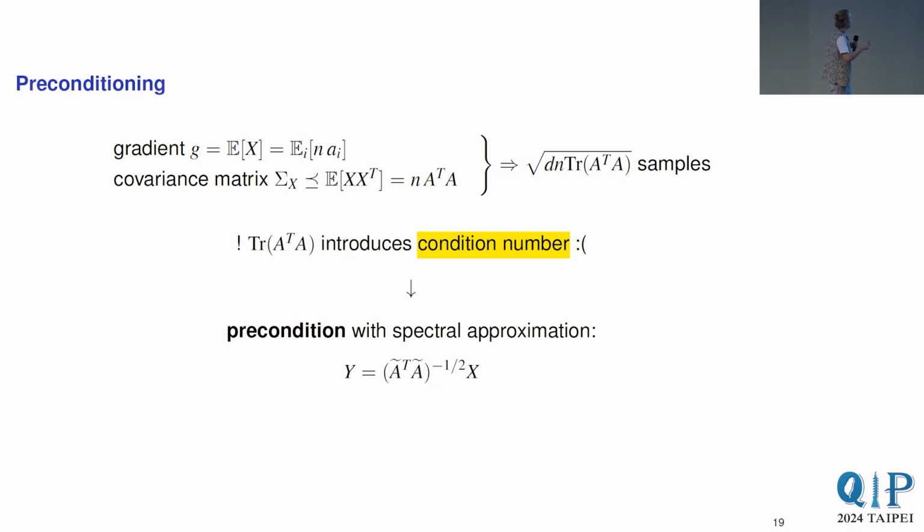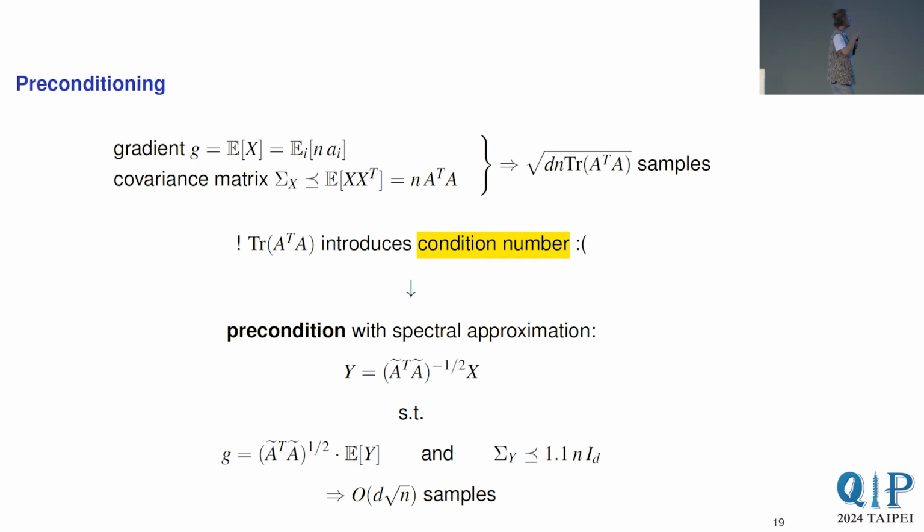Remember that in the first part, we showed how to construct this spectral approximation, A tilde transpose A tilde, of A transpose A. We can now use that to precondition our random variable, so that we want the covariance matrix to be proportional to the identity. If we have this written out explicitly, we can rescale this random variable, and we end up with a random variable whose covariance matrix scales as n times the identity, and we can compute g out of it.